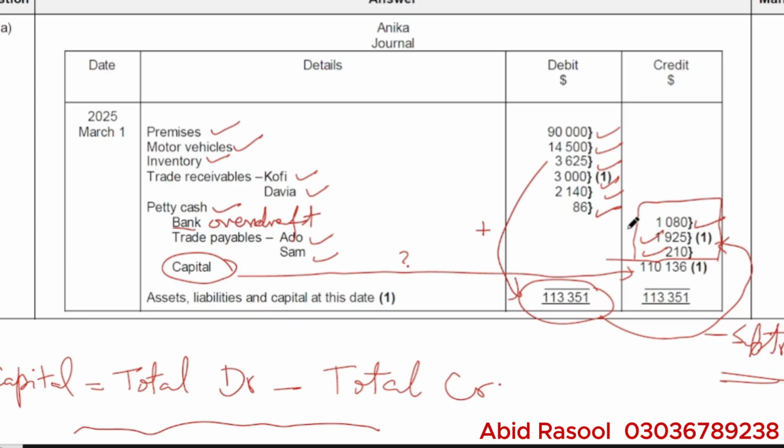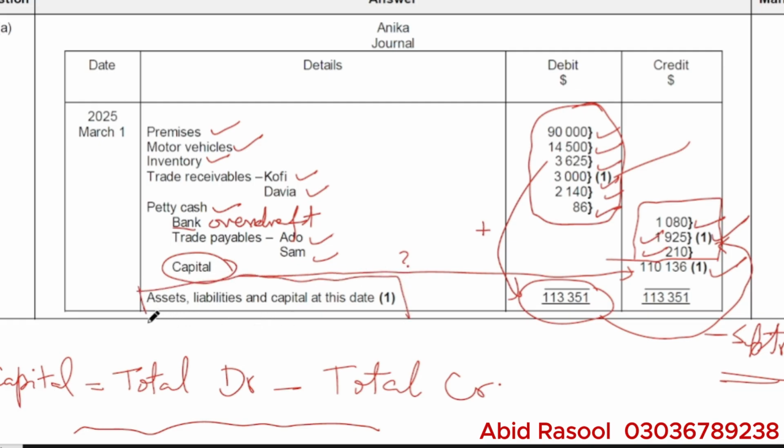How will you get 4 marks? You get 1 mark for writing all the debits, 1 mark for writing all the credits, 1 mark for finding capital, and then in the end, there is the narration.